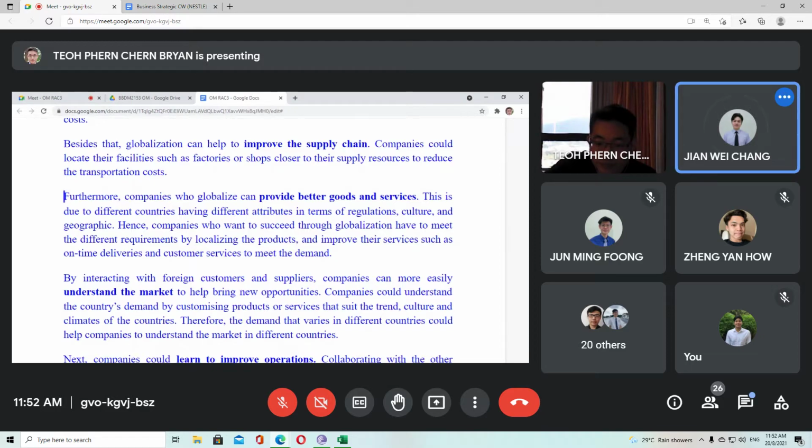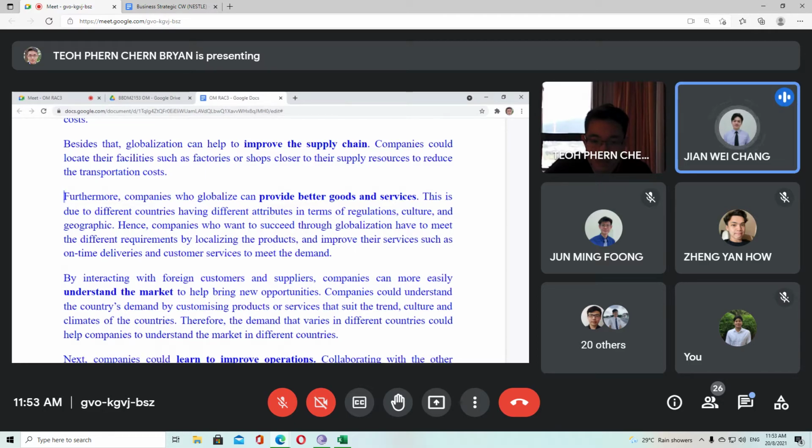So this is due to the different countries having different attributes in terms of regulation, culture, and geographics. So companies who want to succeed through globalization have to meet the different requirements by localizing the product and improve their service, such as on-time deliveries and customer service to meet the demand.